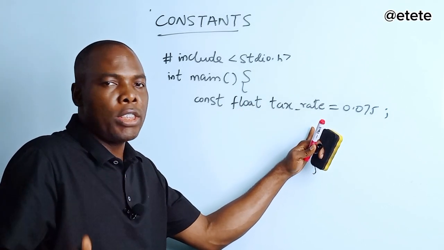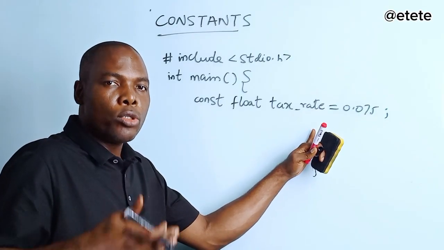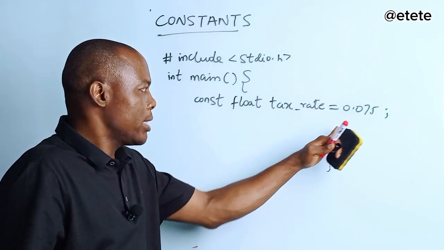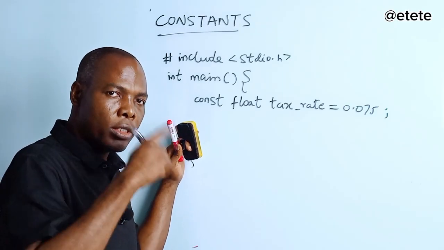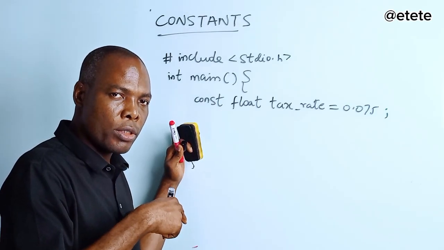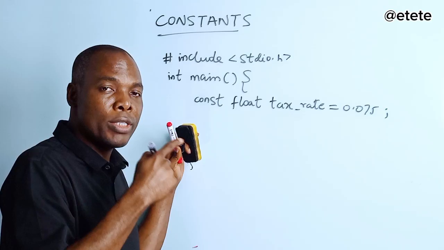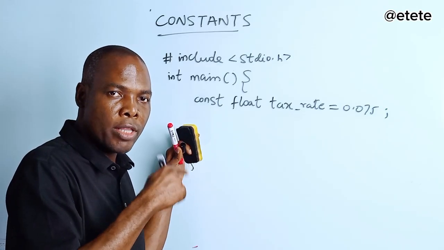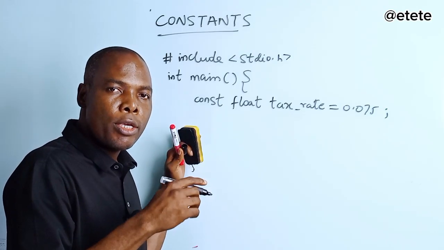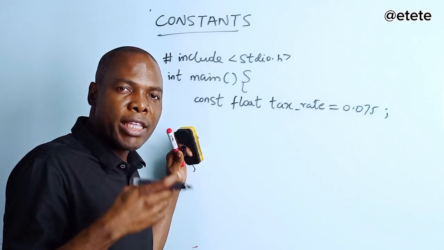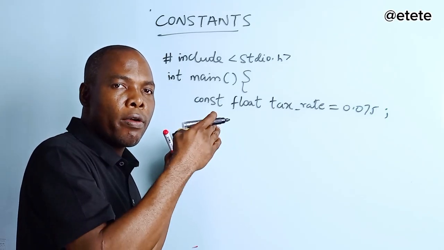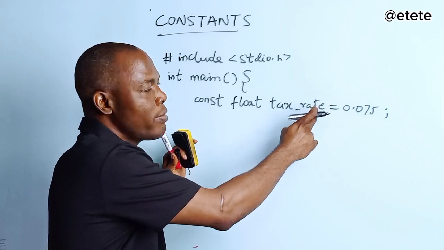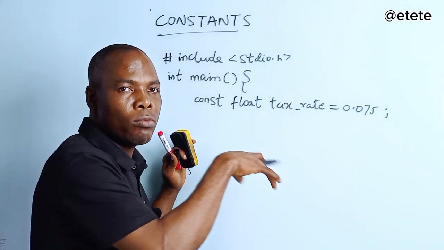Why would I now want to change it again in future? But should there be a need to do that, then this is the best way to declare that constant, not the previous method. Because with that previous method, once you declare using the preprocessor directive, define, what the system simply does is that before compilation, it will look for all the places of tax rate and replace the value before passing it.